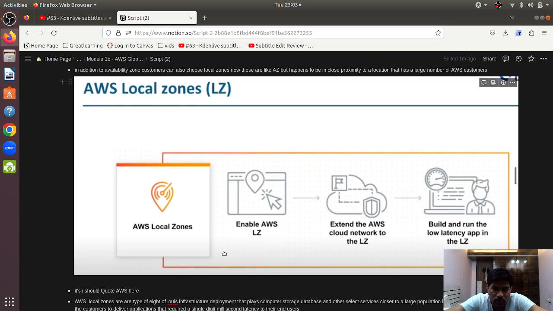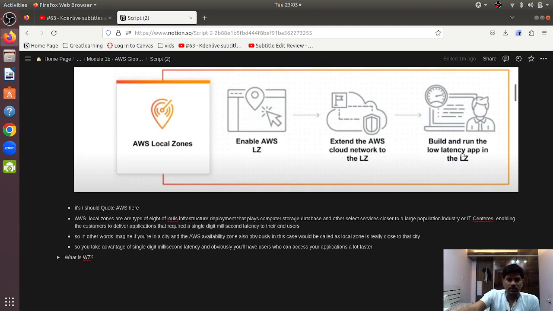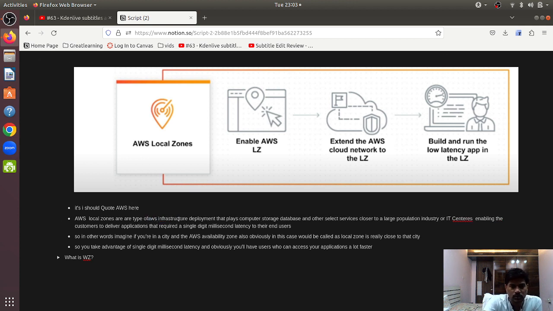AWS Local Zones are a type of AWS infrastructure deployment that places compute, storage, database, and other services closer to a large population or industry.